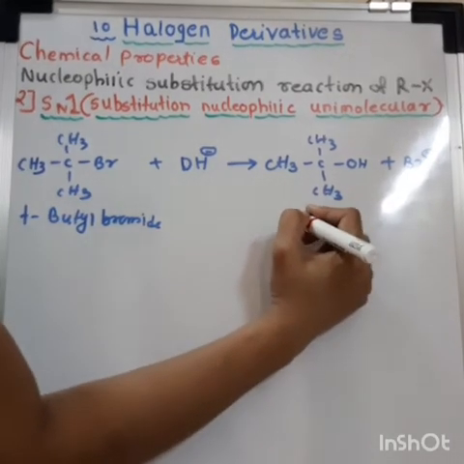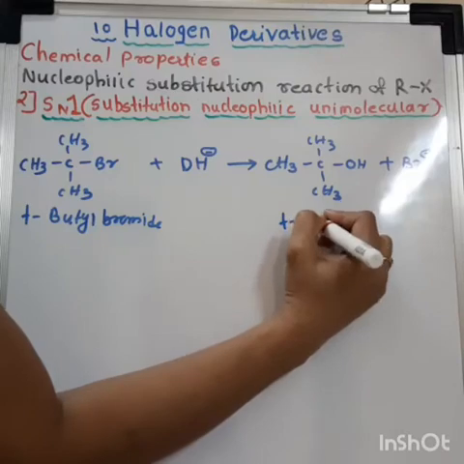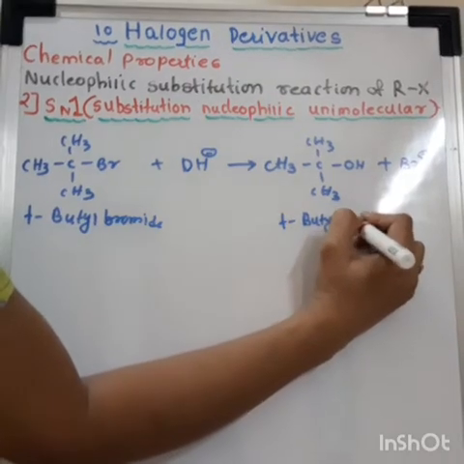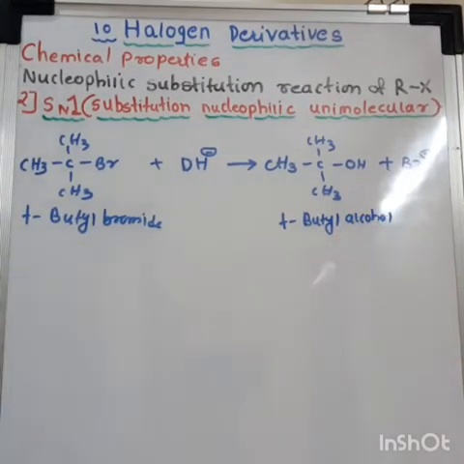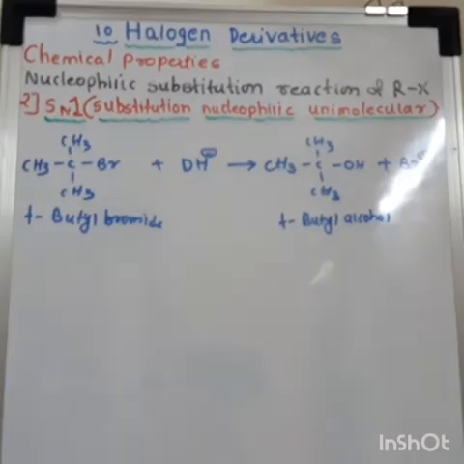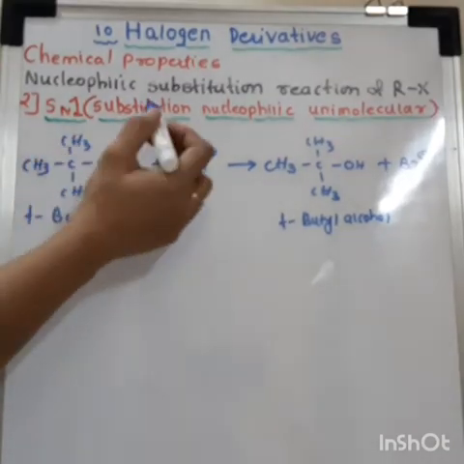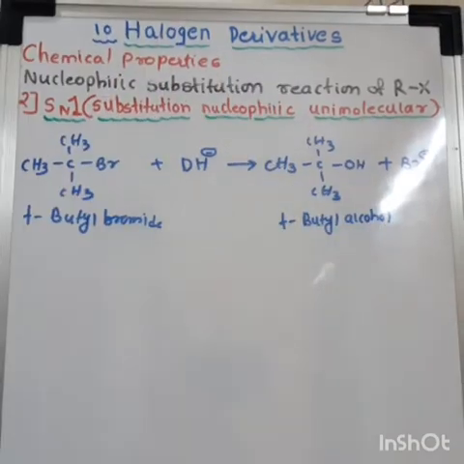So it gives the product tertiary butyl alcohol. So this is the reaction of SN1, that is the substitution nucleophilic unimolecular reaction.